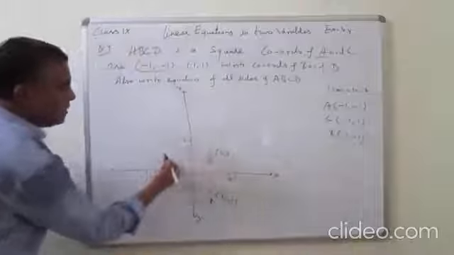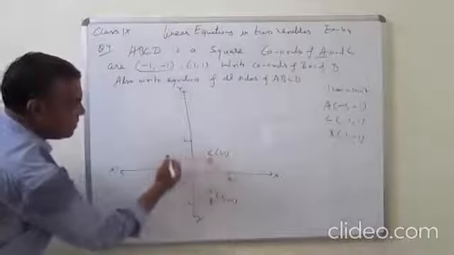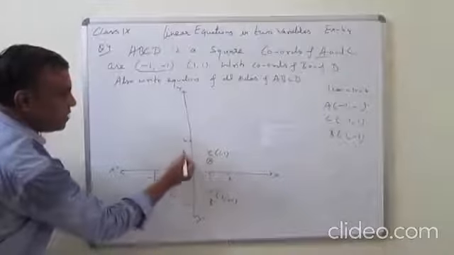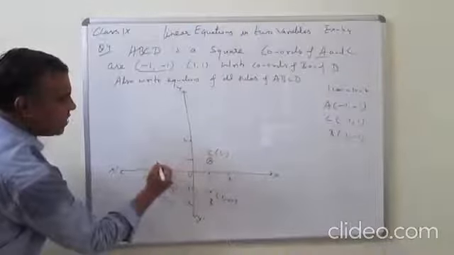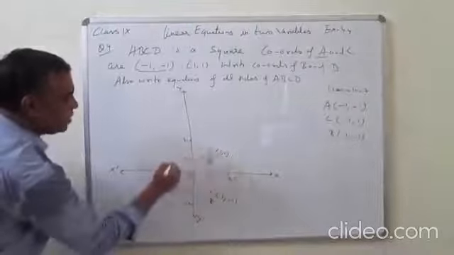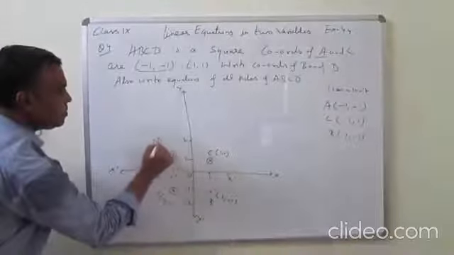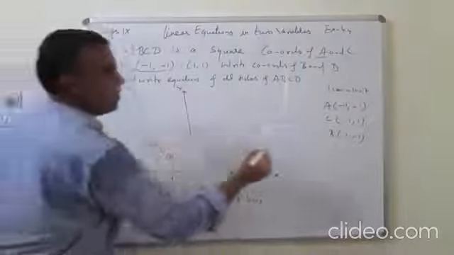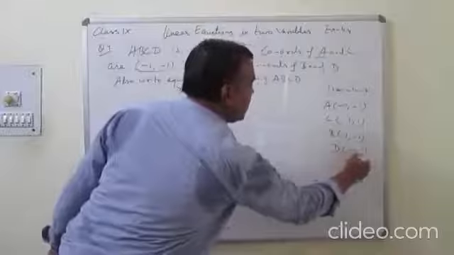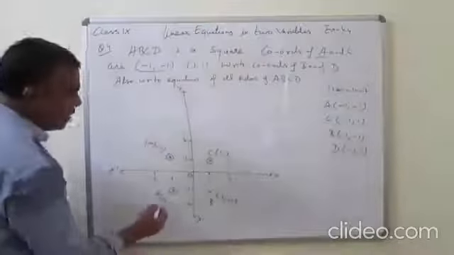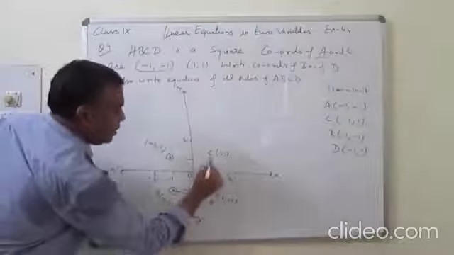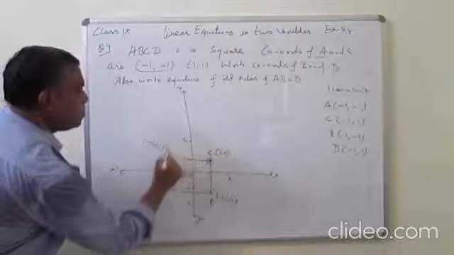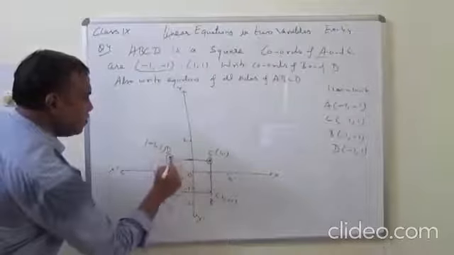Reflection of C gives D. We take D opposite to C. So y will remain the same, the distance will remain the same. Here the direction will be this side. 1 will become -1. So D becomes -1 and 1. Now join the points A to B, B to C, C to D and D to A.